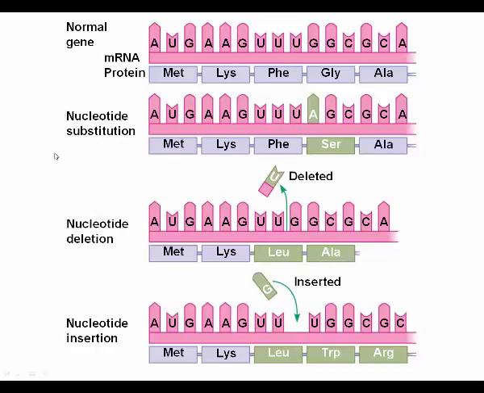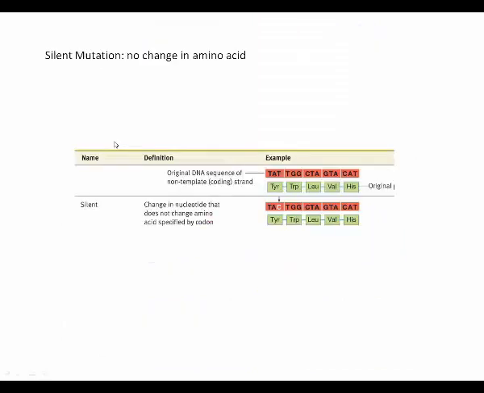I want to go into a little more detail about these nucleotide substitutions. Here's an original coding strand of DNA. So the mRNA would be UAU, UGG, and so on, U's instead of T's. So UAU in the genetic code encodes tyrosine. Now, a silent mutation is one where there's a change in DNA that doesn't actually change the encoded amino acid.